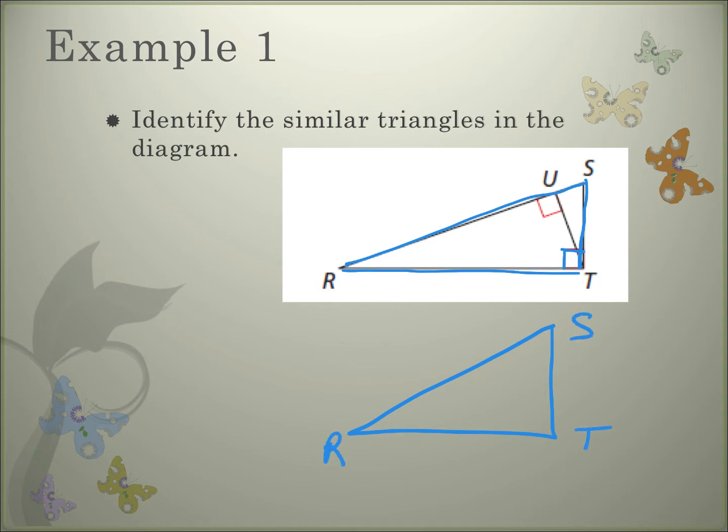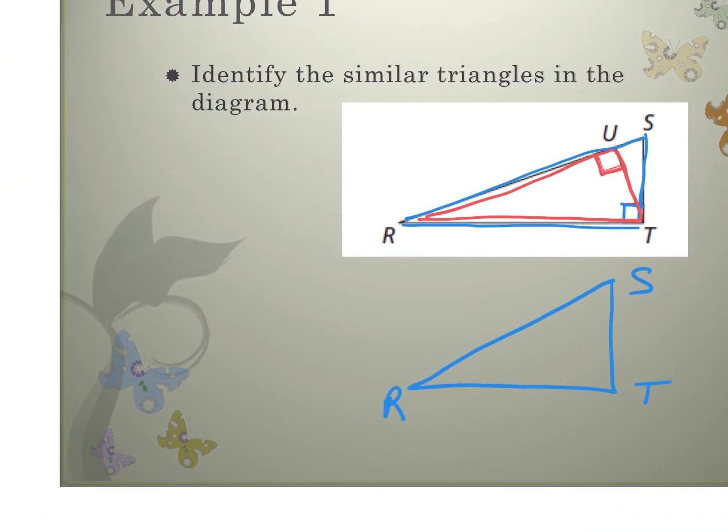And now I'll draw the medium-sized one. I'll do that one in red. And notice the right angle on this one is now at the U. So if I go to flip this and sit it the same way, this is going to be U here, and then the T at the top and then the R over here.